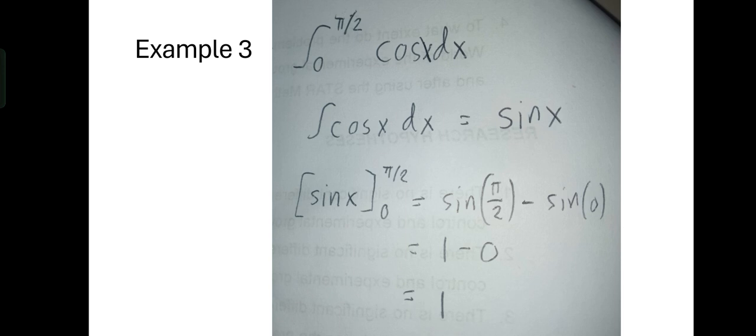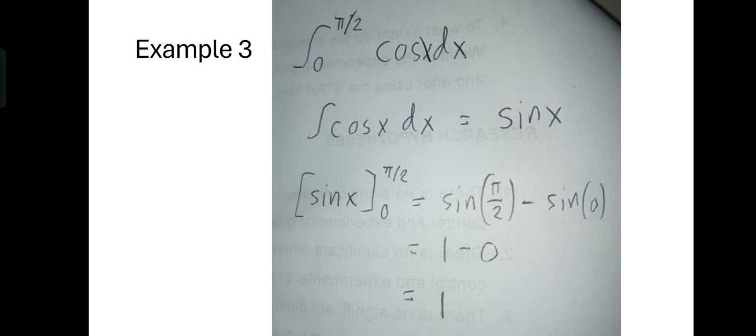The limits of integration for this example: we have here the lower limit, which is equal to 0, and our upper limit is equal to pi over 2. So we have here sine pi over 2, our upper limit, minus sine 0, because 0 is our lower limit.